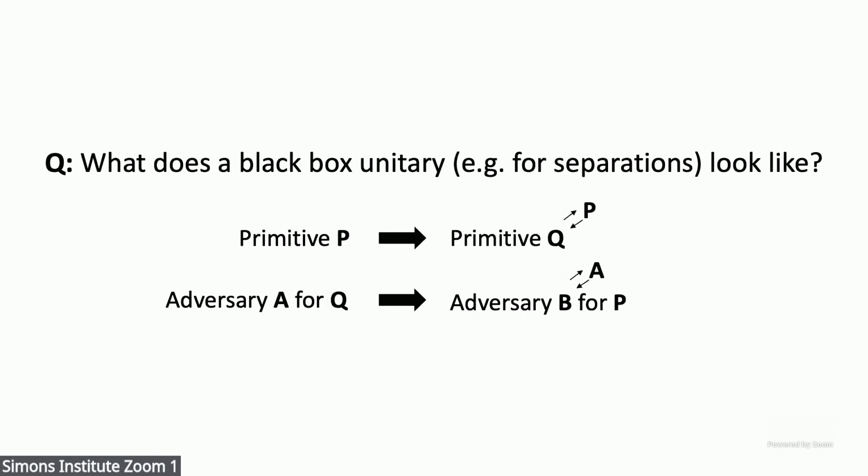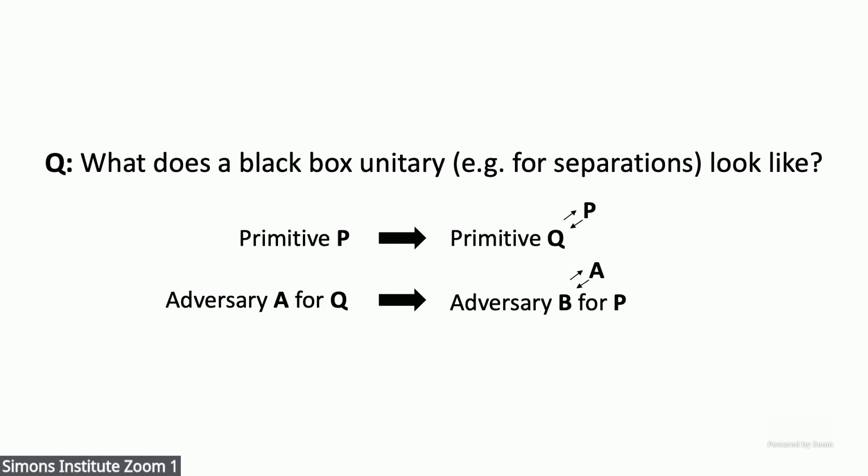And then maybe the last question that was on my mind, thinking about this a lot recently, is what does a black box unitary look like for the purposes of complexity theoretic or cryptographic separations? So imagine you have some cryptographic primitive, P, and you want to construct from it a cryptographic primitive Q. In crypto, we like to talk about black box constructions.